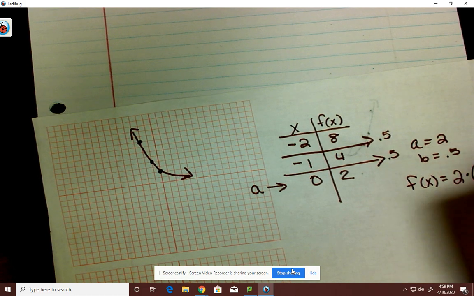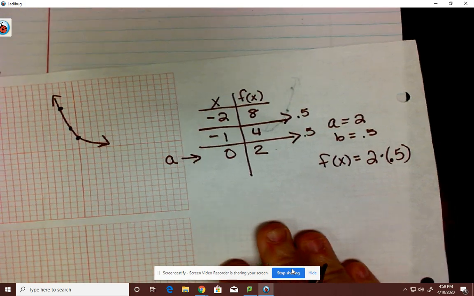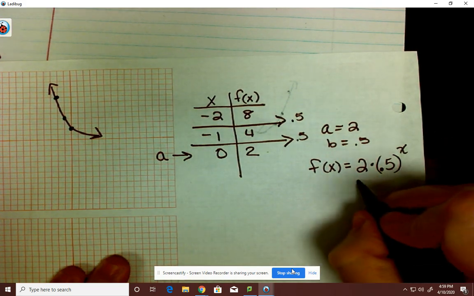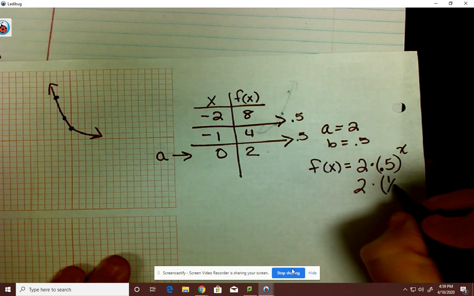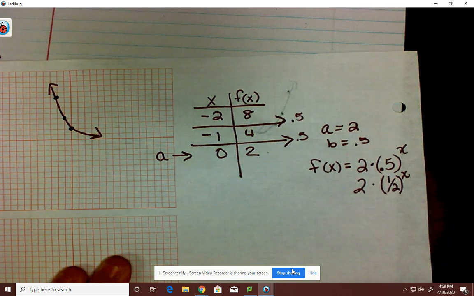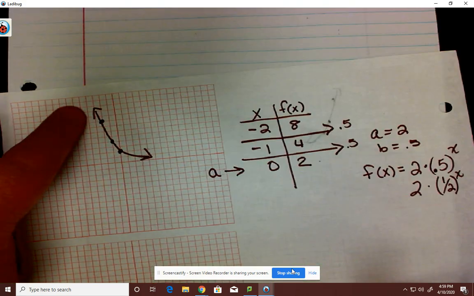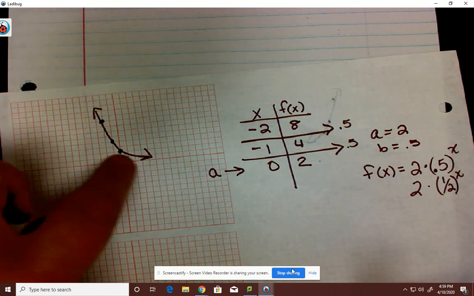I'm going to put that in parentheses just so we don't get confused. Or you can write it like this. That would be your choice. And again, we know that b is between 0 and 1, so this should be decreasing here.